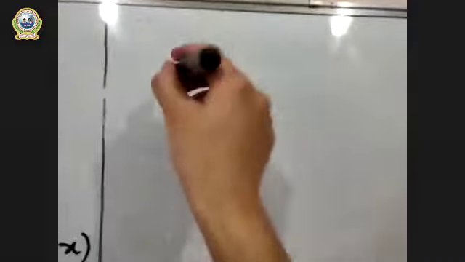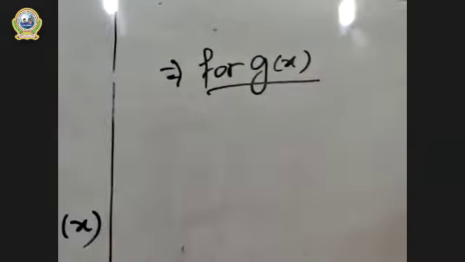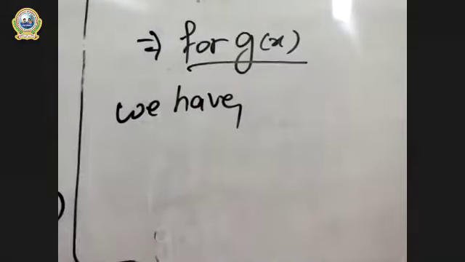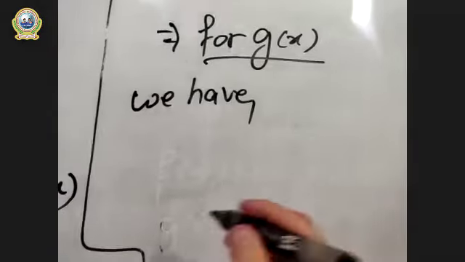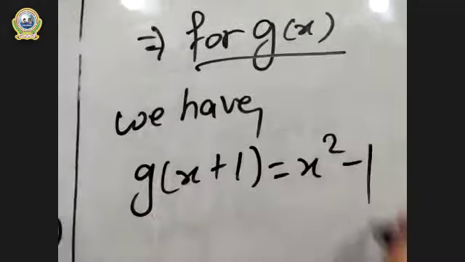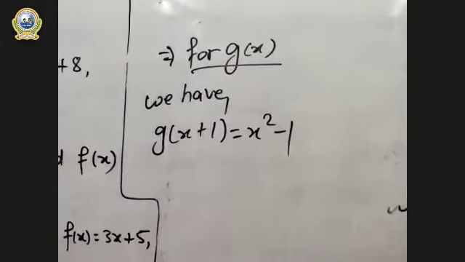Now write the third arrow, for g(x) we have, what we have? We do have g(x+1) is equal to x square minus 1, right? This is our given. So you know the technique, right?